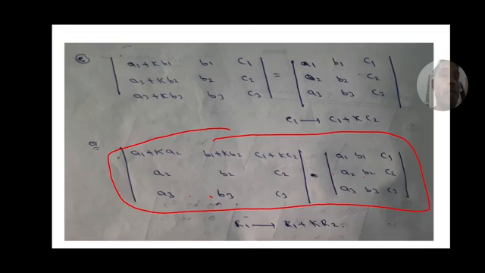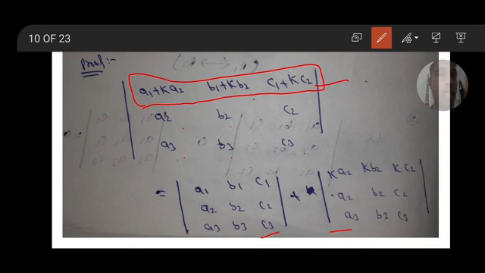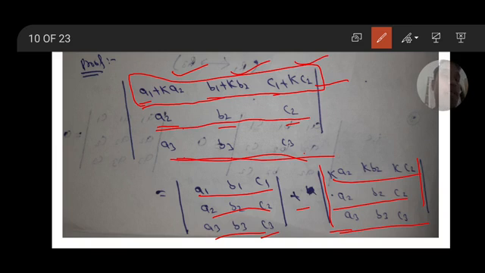Okay, fifth property, by using fifth property, it is first row is containing sum of two quantities, therefore it can be written as sum of two determinants, that is A1 B1 C1, A2 B2 C2, A3 B3 C3 plus another determinant KA2 KB2 KC2, A2 B2 C2, A3 B3 C3 by using fifth property.